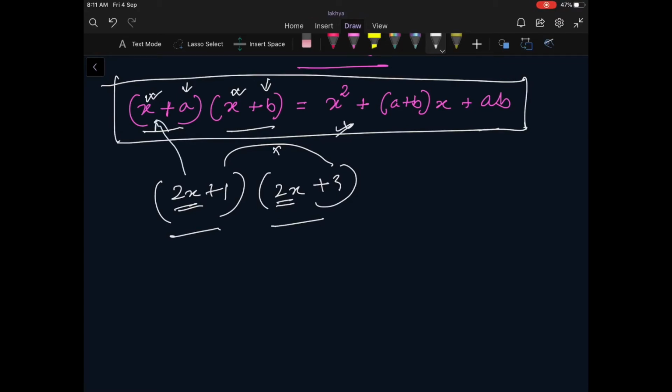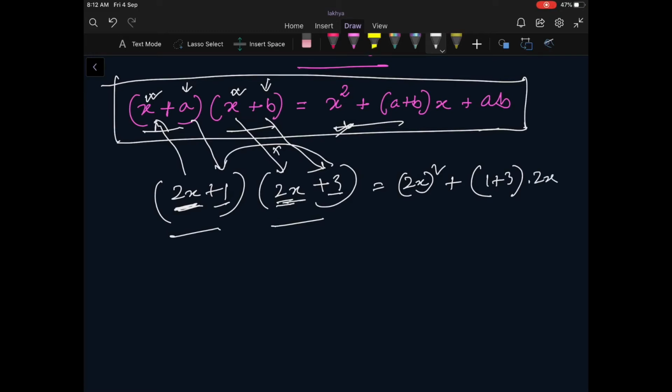Compare twice x with x, a with 1 and b with 3. Then according to this identity you will get x square, here x is twice x, so twice x whole square, plus a plus b, where a is 1, b is 3, so 1 plus 3, into x.